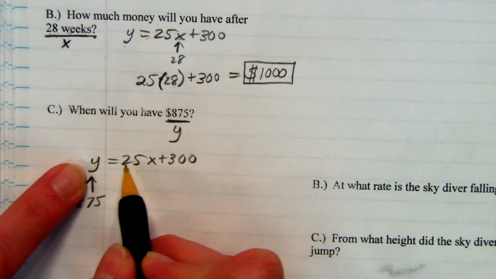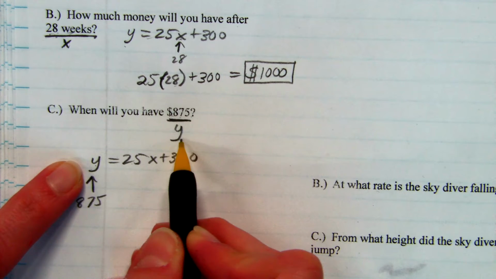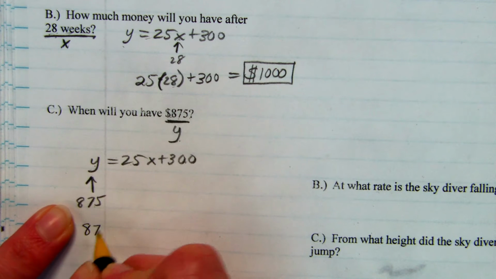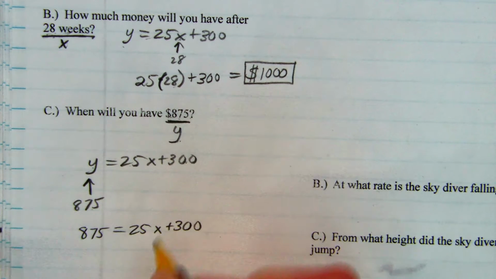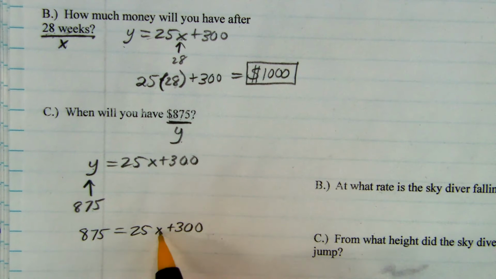So if we have y equals 25x plus 300, they gave us $875, that's y. I'm going to put that over here on the other side of the equation. So I'll have 875 equals 25x plus 300. So this isn't quite as straightforward. I can't just put that into my calculator. I'm actually going to have to solve this equation for the x.